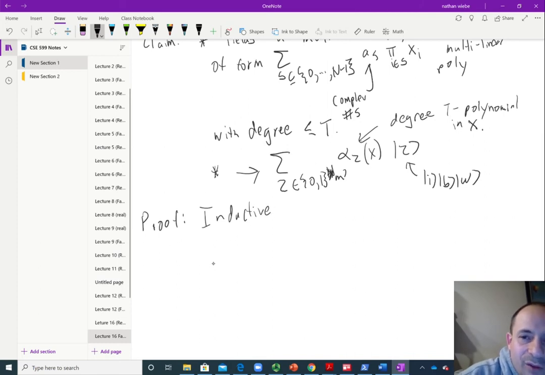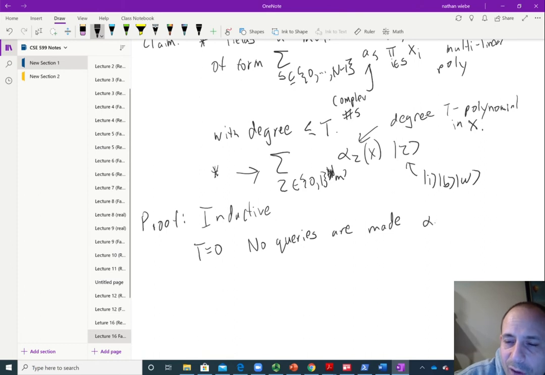Okay, the first case that we need to look at is t equals 0. Now t equals 0 is a really easy case. In the case where t equals 0, no queries are made. Therefore, each alpha z is not a function of x.